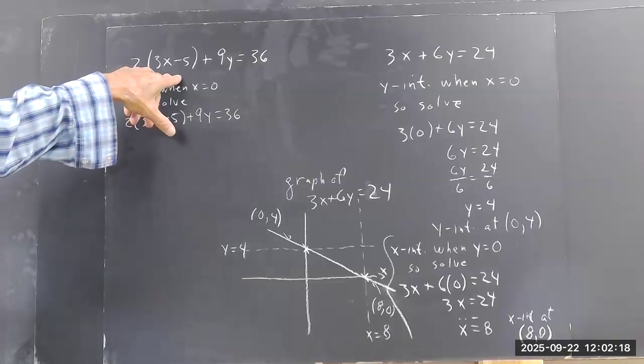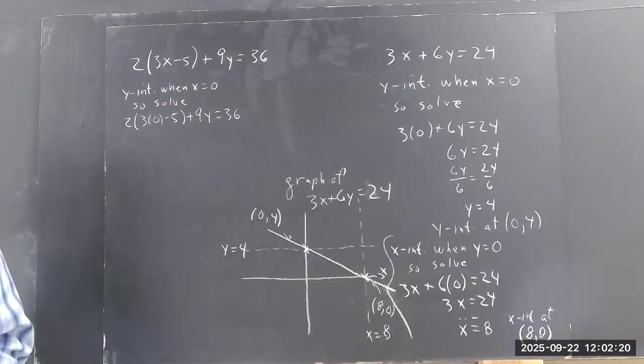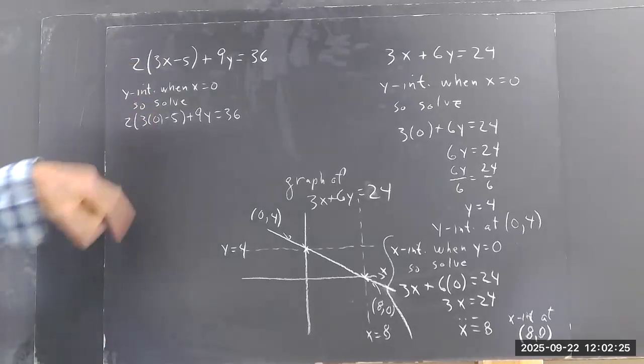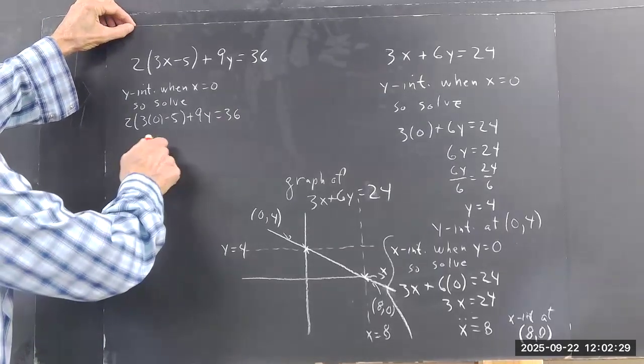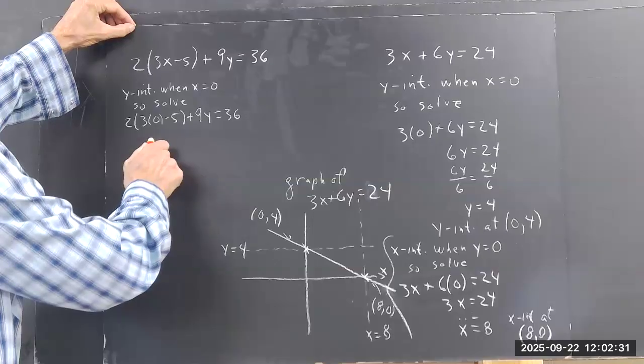We could distribute the 2 through here before we do anything else and put the equation in simpler form. But I'm just going to directly substitute for x because the x's go away and we get something pretty simple. We get 2 times -5.